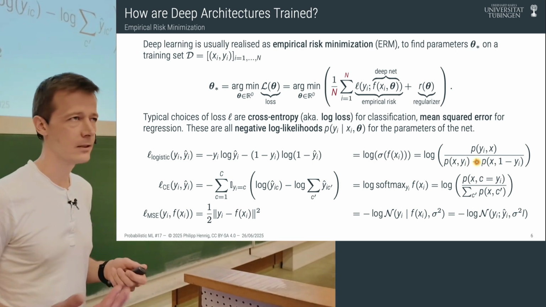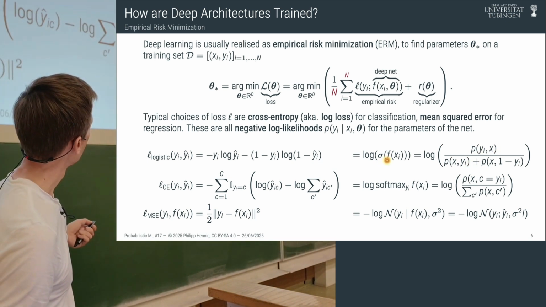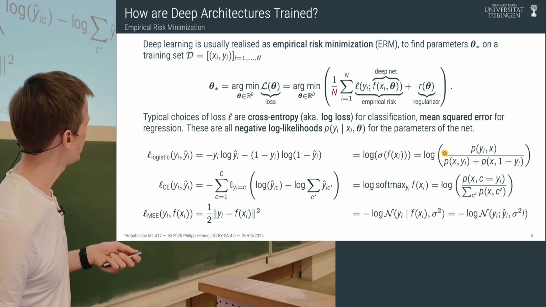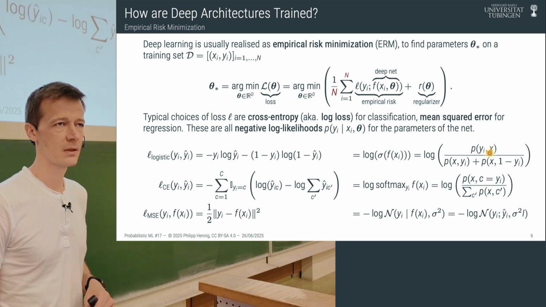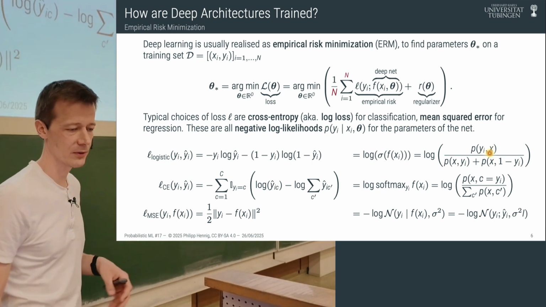And why is this a likelihood? Well, because in f we have the parameters theta hidden away. So if we think of this as a function of theta, then it's a likelihood for the parameters. I actually wanted to have them here on the slide, but then the equations would become too wide, so I took them out again.